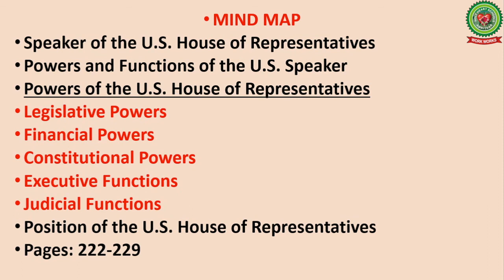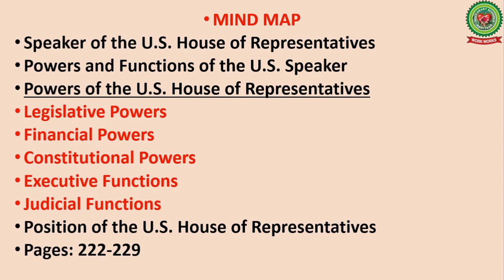Under this, again, I have talked about five types of powers. These are legislative powers, financial powers, constitutional powers, executive functions, and judicial functions. And finally, I have talked about the position of the US House of Representatives. Students, you will read pages 222 till 229.